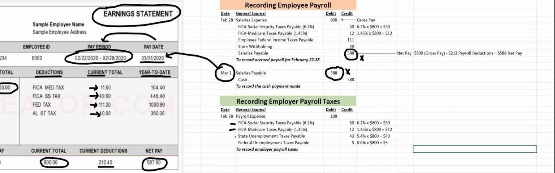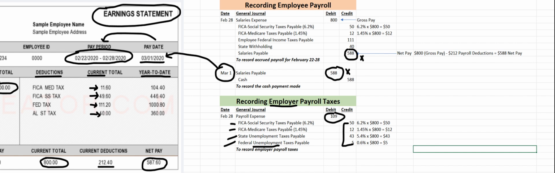Then you have the state and federal unemployment taxes. Employees are not responsible for this. The employer is responsible for the state and federal unemployment taxes. As you can see here, 5.4% of $800 is $43, and 0.6% is $5. When you add all four of these up, you will get $109. $109 is going to have to be debited to payroll expense.